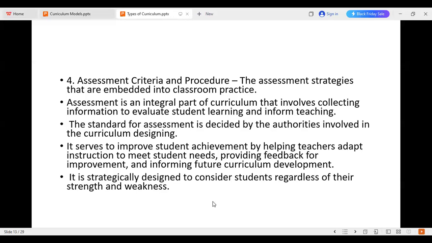But Kerr and some others give freedom to the teacher to decide where students should be assessed. Right. Finally, it serves to improve student achievement by helping teachers adapt instruction to meet student needs, providing feedback for improvement, and informing future curriculum development.